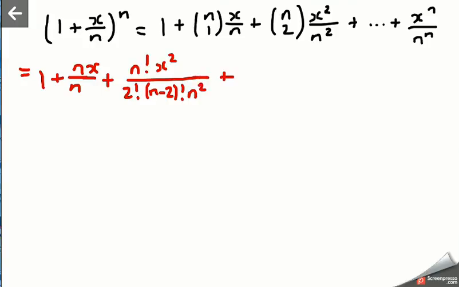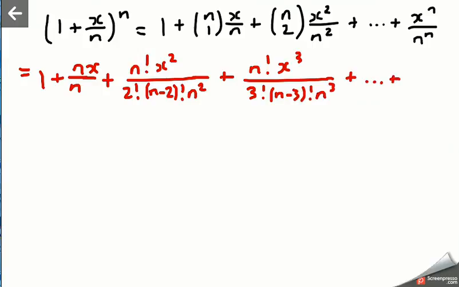plus n factorial times x cubed divided by, so this is n choose 3 now, even though I didn't write it up here, I'm going to do more terms down here just to make it clearer. So this is n factorial x cubed divided by 3 factorial times (n minus 3) factorial times n cubed. And then we keep going, dot, dot, dot, plus.